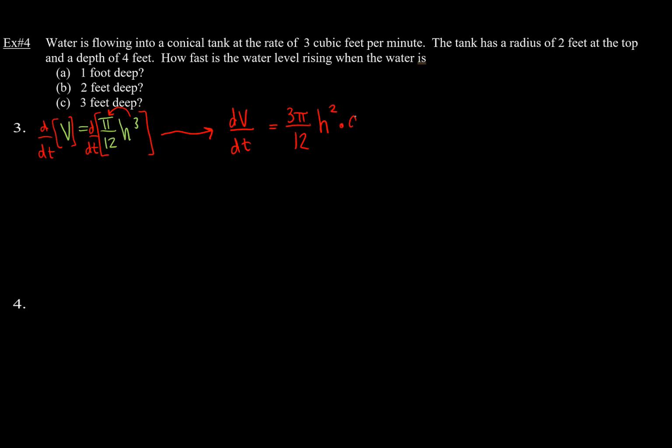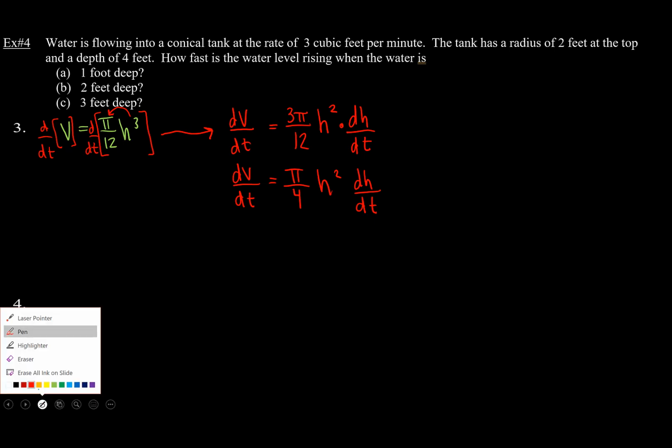And then I have to remember I'm taking the derivative of h with respect to time, so I need to squeeze in that dh/dt. Let's simplify: I've got the rate of volume changing with respect to time equals pi over 4 times h squared times dh/dt.